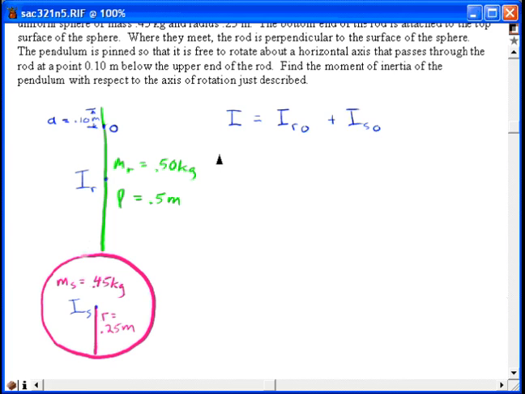I can write that as I with respect to the center of mass of the rod, the I sub r, plus the mass of the rod times the distance that the center of mass of the rod is from the axis of rotation. So the separation of those two axes, one through the center of mass and one through point O. Let's go ahead and label that on here. This distance right here is what I mean by d sub r.